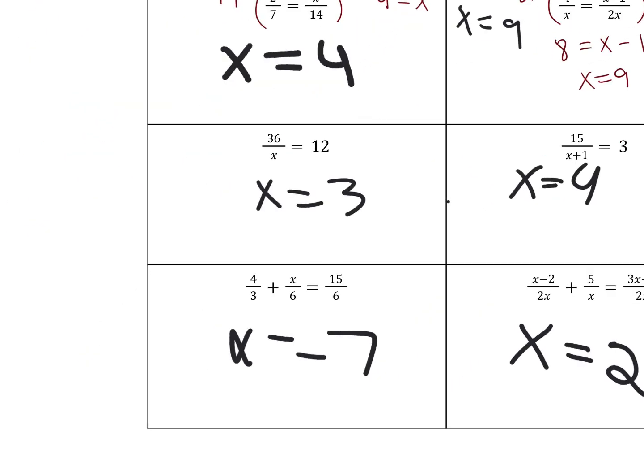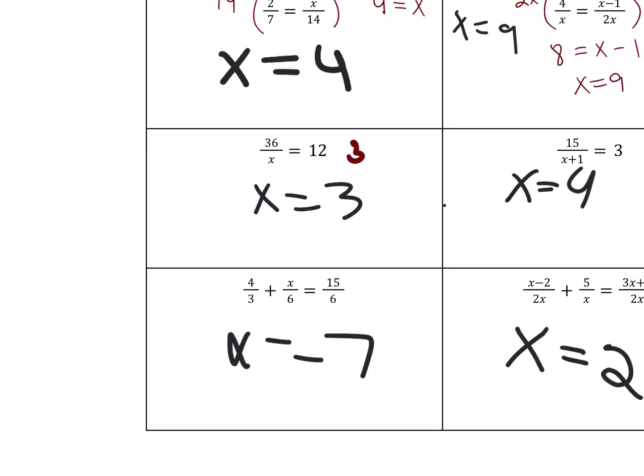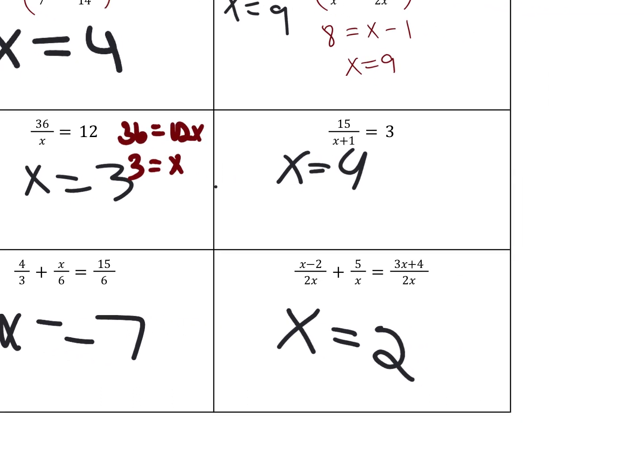The next one's just like cross multiplication. You got 36 equals 12x, so x equals 3. This one, you could multiply across by x plus 1. So that means my 15 would be by itself because the x plus 1s would cancel, correct?